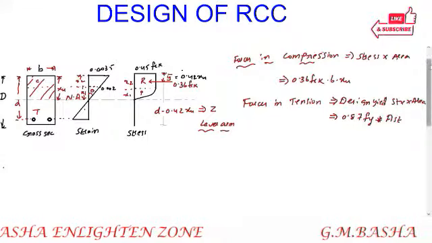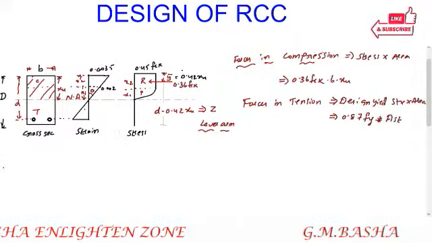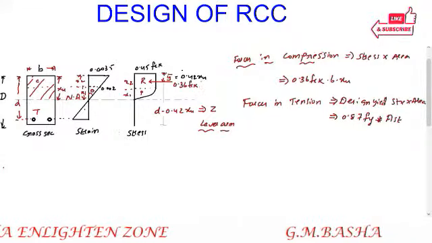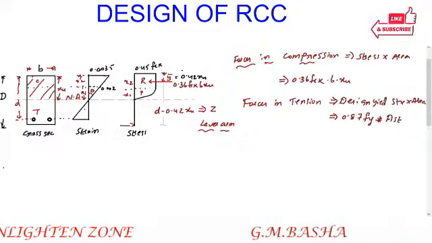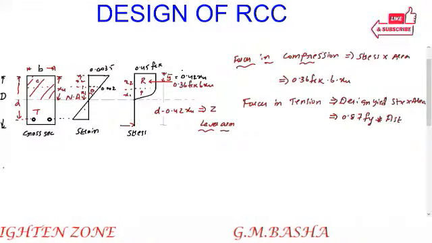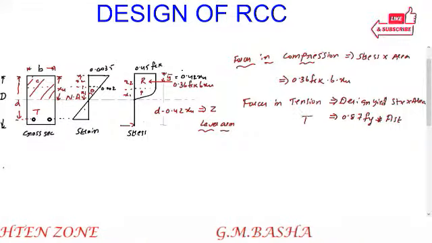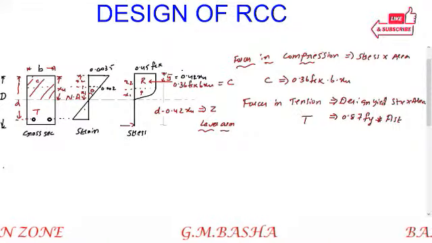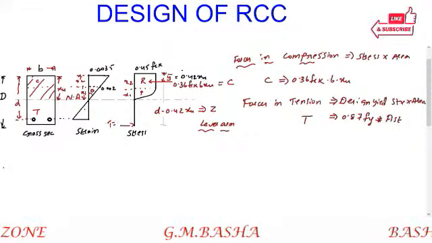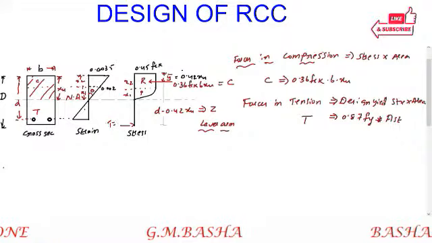So these are the forces in compression and tension. That is C equal to 0.36 fck b into xu for compression, and T on the tension side will be equal to 0.87 fy into area of the steel.